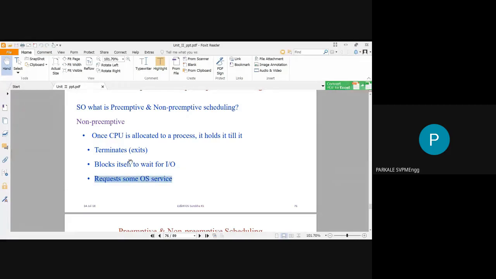So in non-preemptive scheduling, your CPU will continue with the original task only. Until it finishes that task, it will not release the CPU to another task. So that is called a non-preemptive type of scheduling.